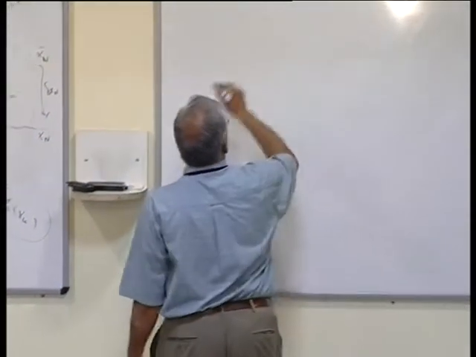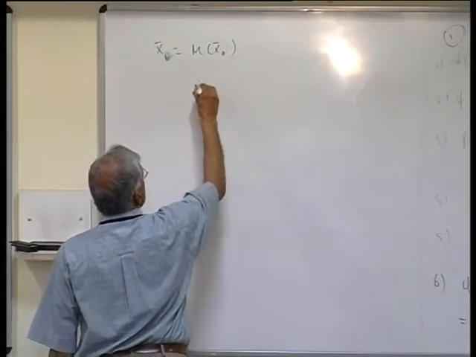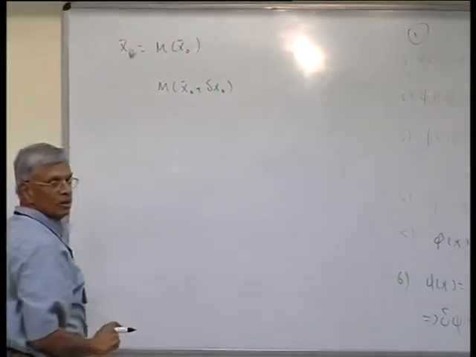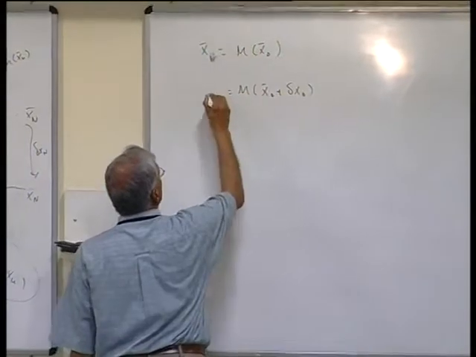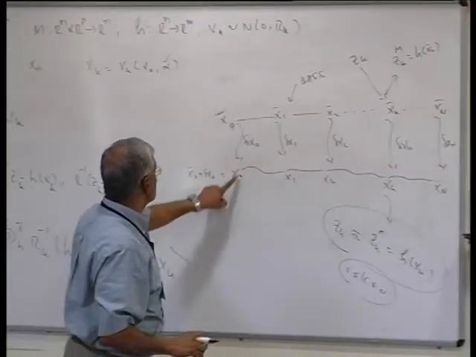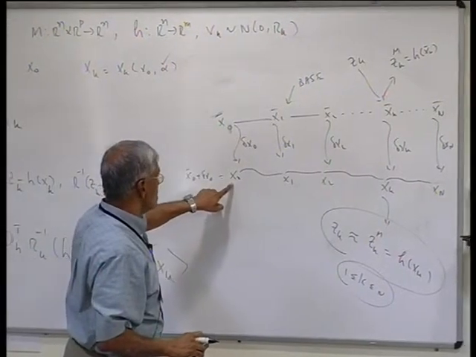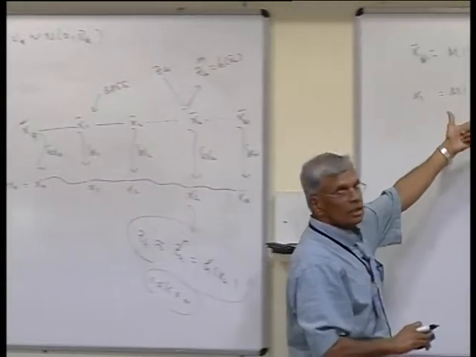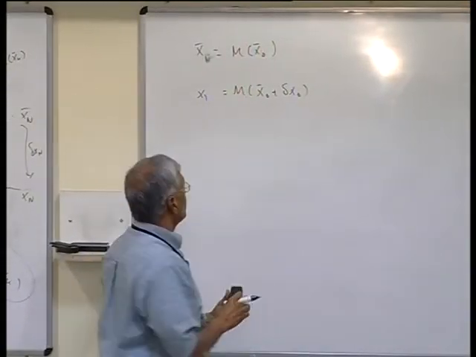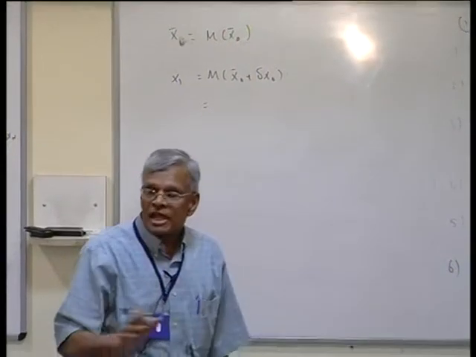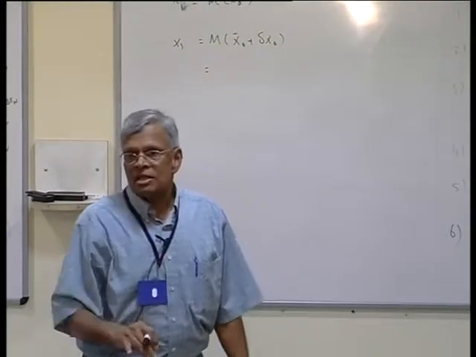So what do I do now? m of x naught bar plus delta x naught. This is called x1. Look at this now. x naught is equal to x naught bar plus delta x naught. I am going to get x1 from here. So I'm assuming m is smooth, so I can apply a Taylor series.